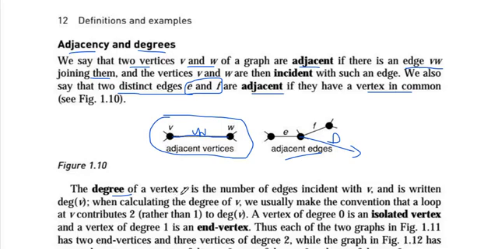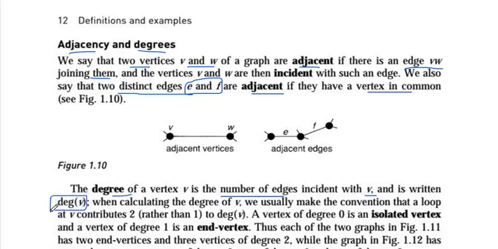In the last lecture we discussed that the degree of vertex V is the number of edges incident with V. We have to calculate for a particular vertex the number of edges connected with it, and we write it as degree of V. When calculating the degree of V, we usually make the convention that a loop at V contributes 2 to the degree of V. Let's say this is a loop here for V, and we have to calculate the degree of V. So this is one edge and this is also a second edge.